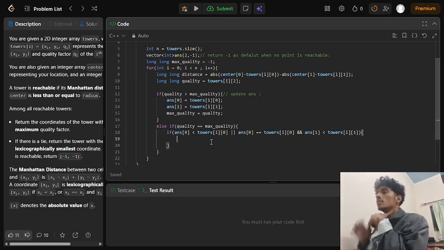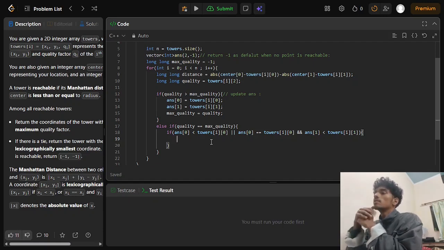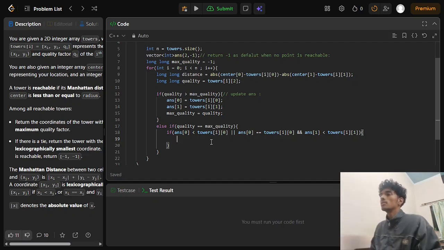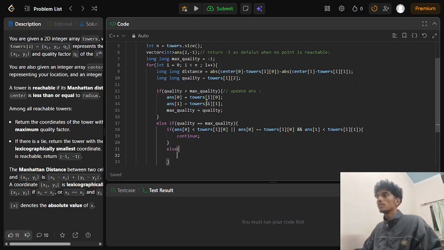If this is true, that the previous indexes are equal, then we will just continue. Else we will copy this particular part.